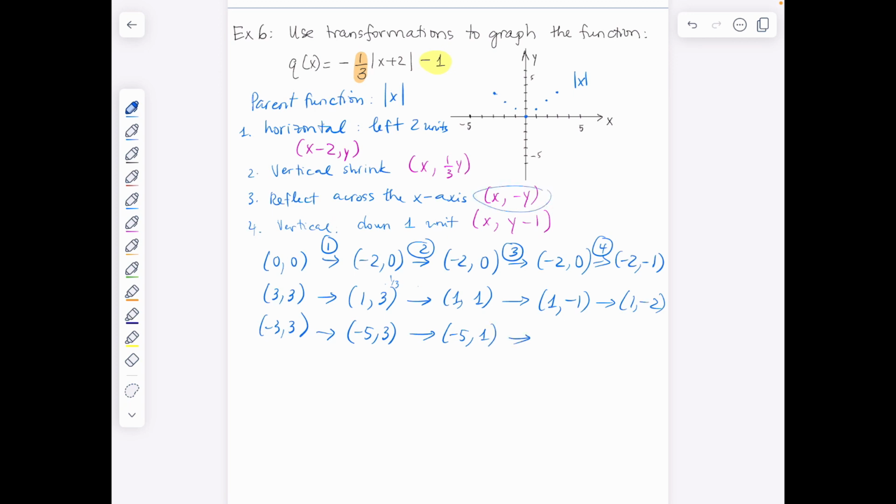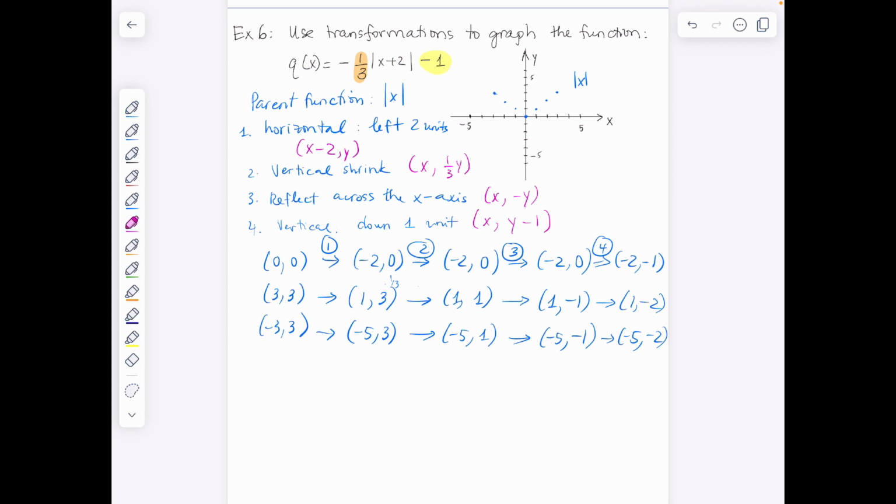Next, apply negative to the y coordinate, keep x the same. And last, keep x the same and subtract 1 from y. Keep x as negative 5. Negative 1 minus 1 gives us negative 2. So there are the 3 points.